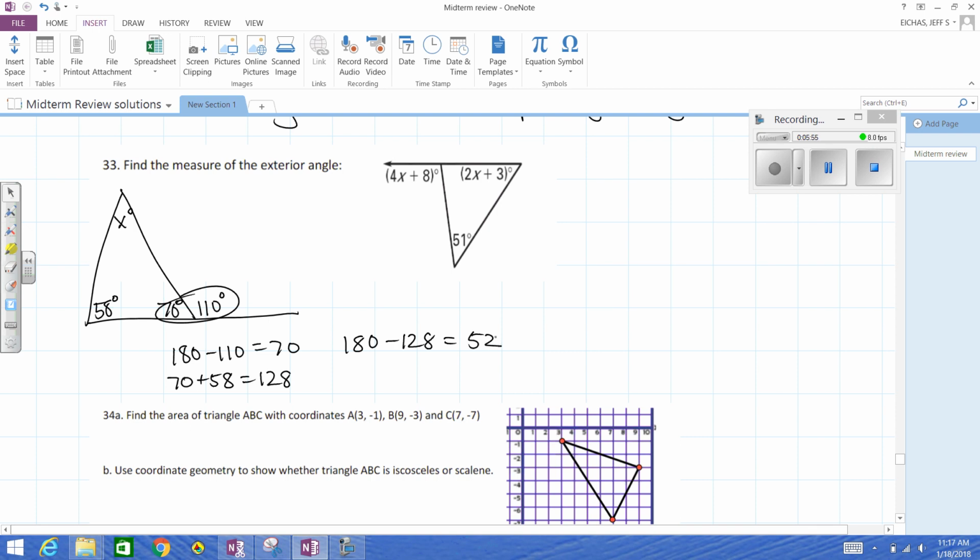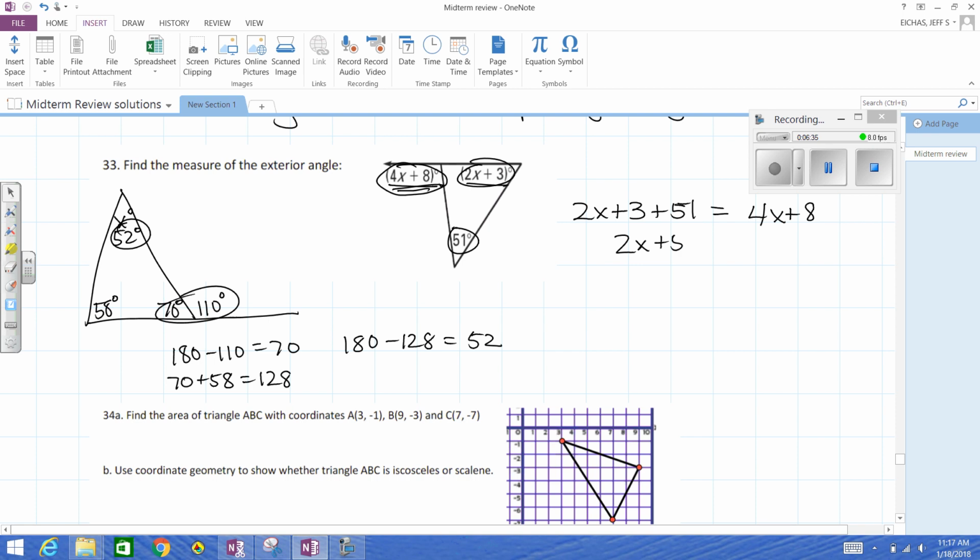So those were some of the problems we did with exterior angles theorem. But once you take away the numerical ones, once we throw algebra in, we actually have to know the exterior angles theorem, which says the two remote interior angles, their measures have a sum that's equal to the exterior angle. So what we're going to do is 2x plus 3, that's an interior angle, plus 51 should end up being the same as the outside angle, so 4x plus 8.